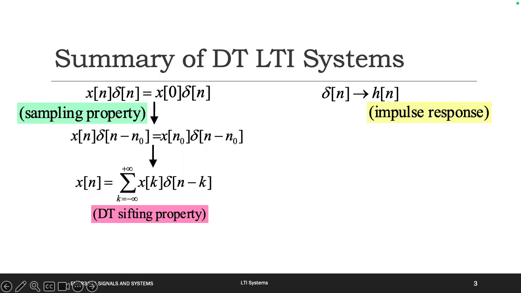This is very important for chapters 2, 3, 4. For the impulse response and the LTI system, we can get this equation: y[n] equals the sum of x[k] multiplied by h[n minus k].